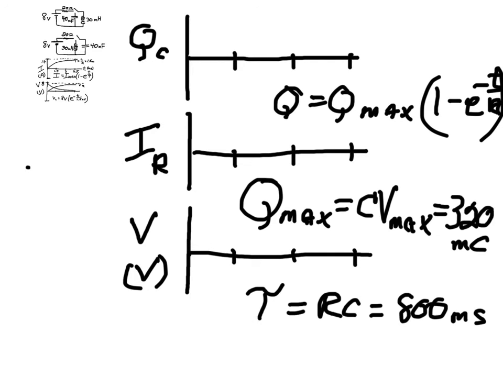Okay, so just finishing this up, for the Q max, we use the equation C equals Q over V, and we solve it for Q, so Q equals C times V. The Q max is going to be C times V max. So that's the 40 microfarads times the 8 volts, or 320 microcoulombs.